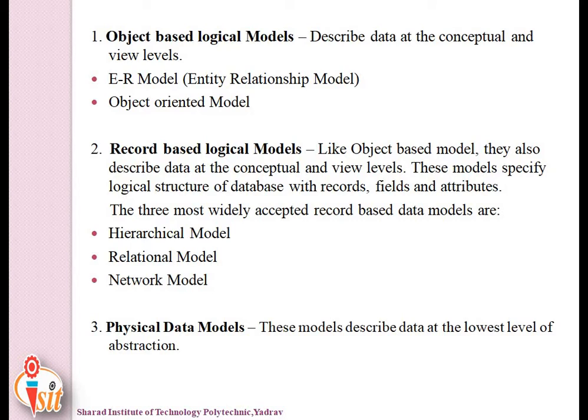Physical data models describe how data is stored in the computer, representing information such as record structure, record ordering, and access paths. There are not as many physical data models as logical data models, the most common one being the unifying model. These models describe data at the lowest level of abstraction. This is all about the data models.